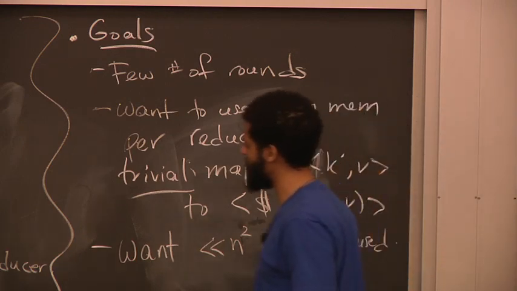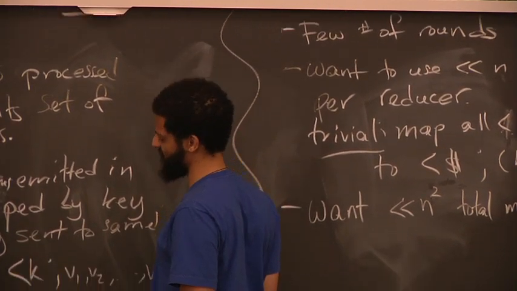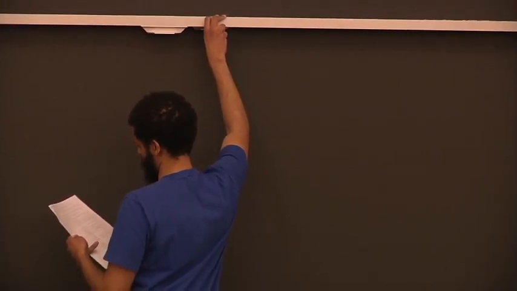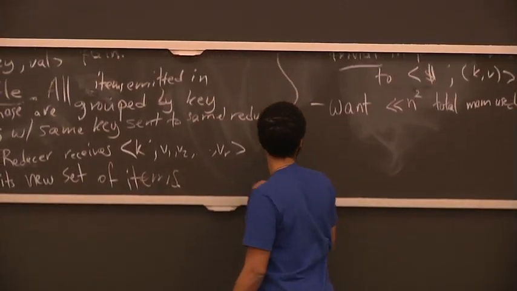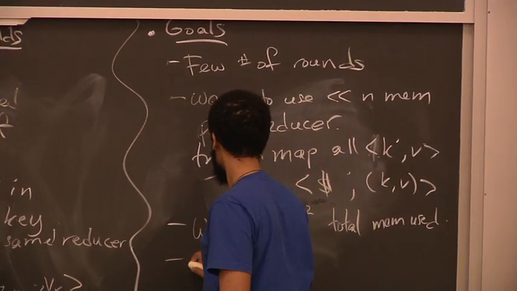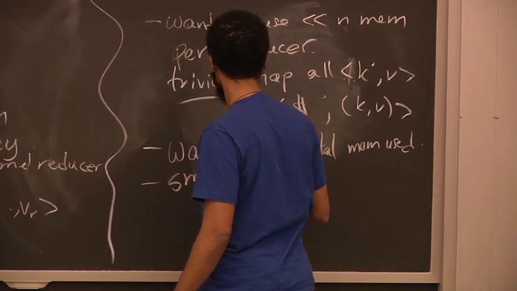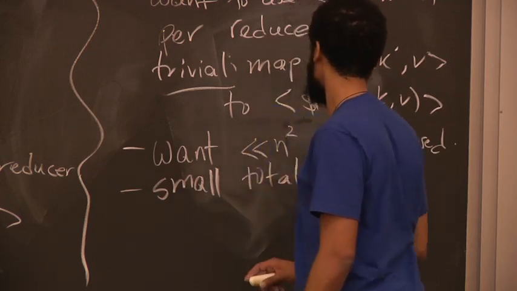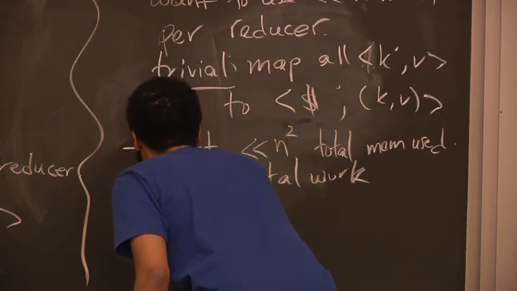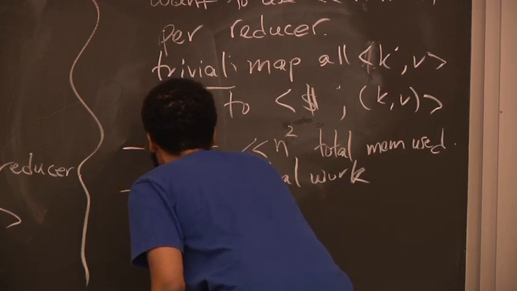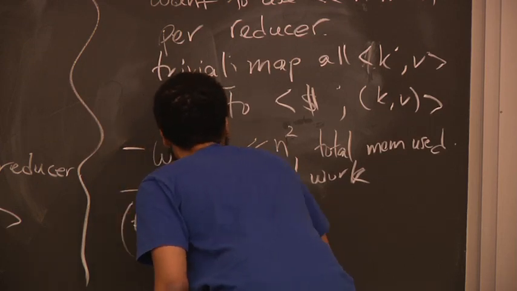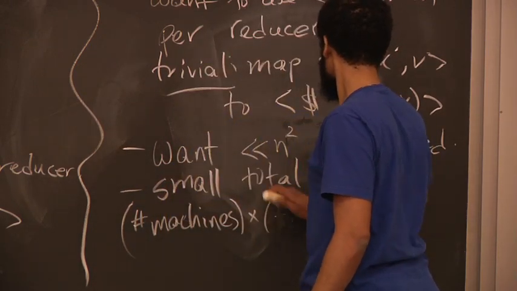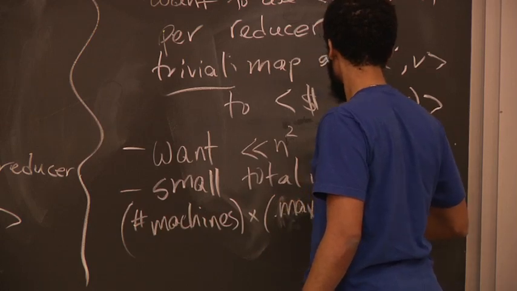Okay, so let's see some algorithms in this model. Oh, I guess there's another goal, which is maybe small total work. By total work, I mean the number of machines times, say, the max work per machine.